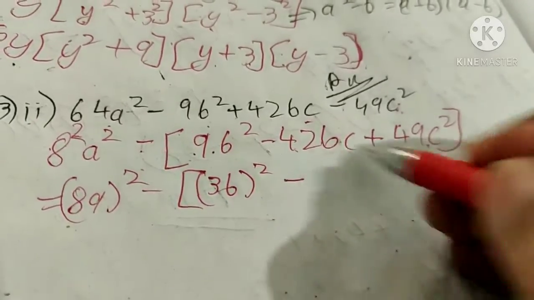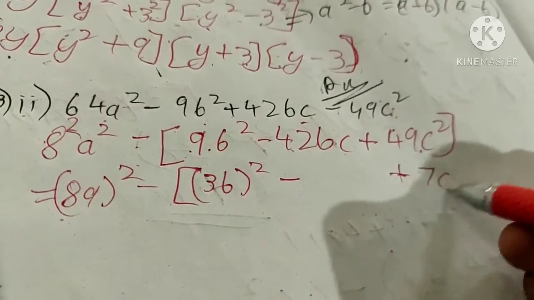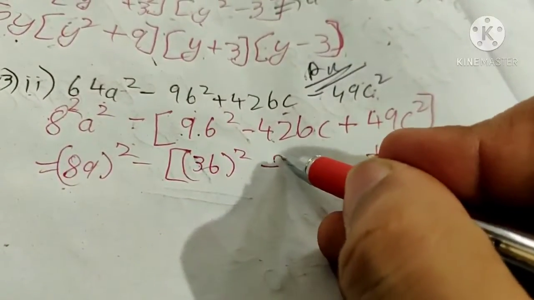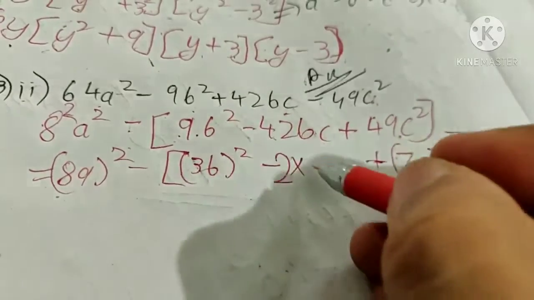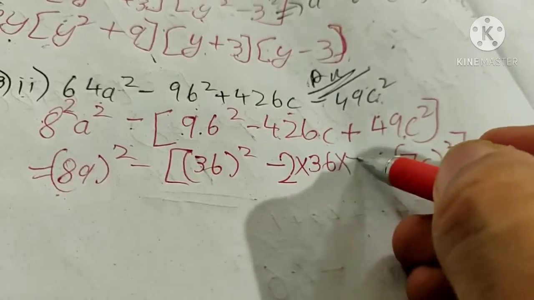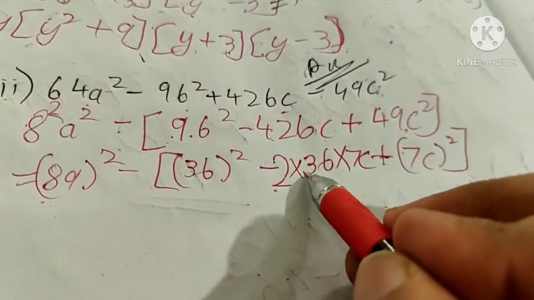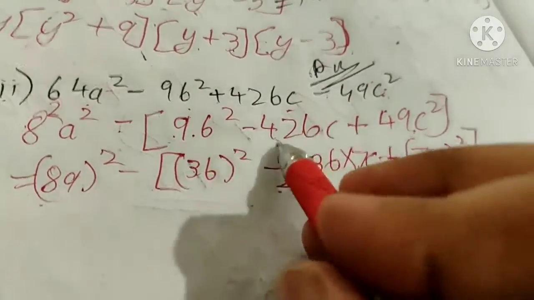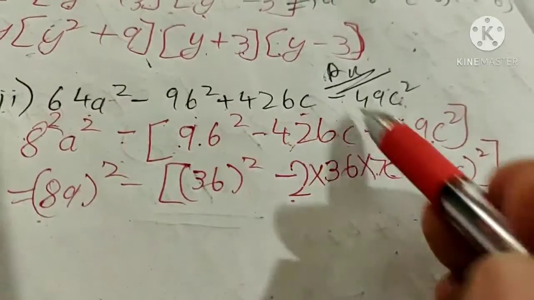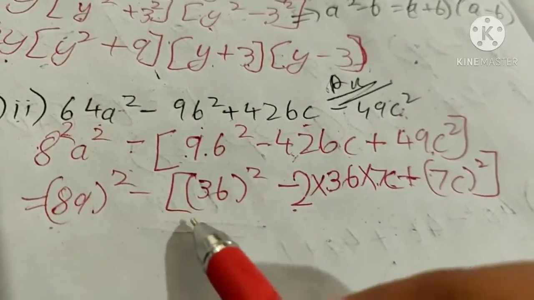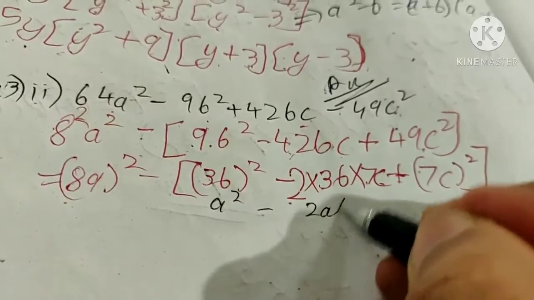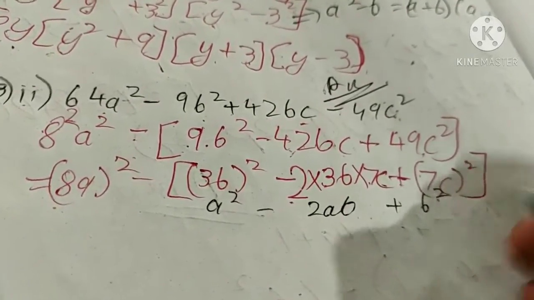Keeping this waiting, first we will solve this. Now we will check whether it is forming 2ab or not. 2 into a, the first term, into b, the last term. So 2 into 3 is 6, 6 into 7 is 42, yes 42, b into c, bc. So if we see, it is forming minus 42bc, and it is also forming a pattern of a square minus 2ab plus b square.